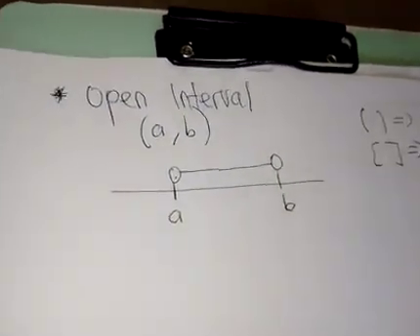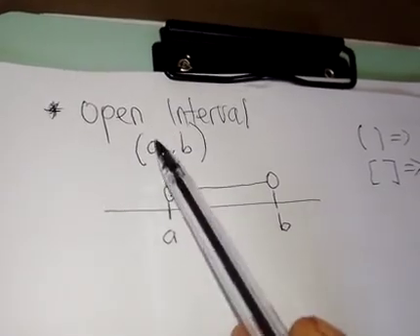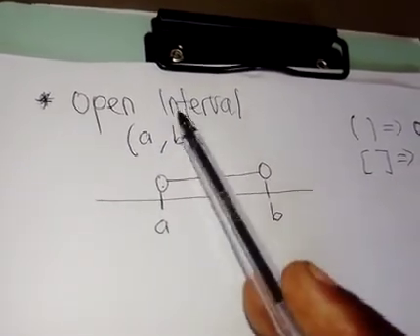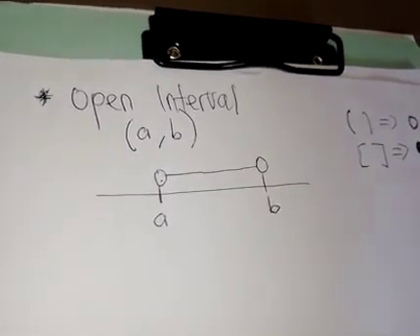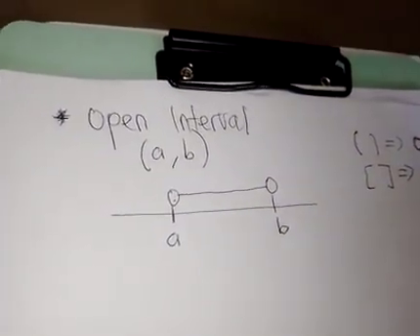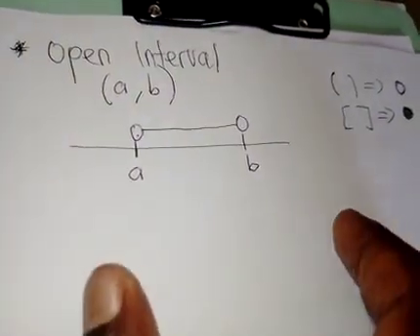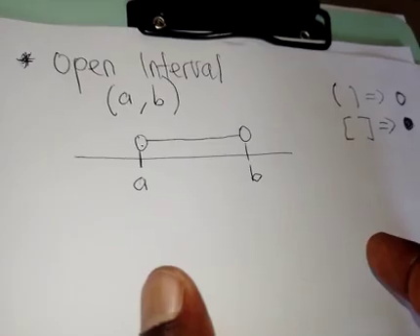So for this one, this side before A, round bracket, circle open. This side, circle open, because we have used round brackets. Then how can we represent this one using set builder notation?